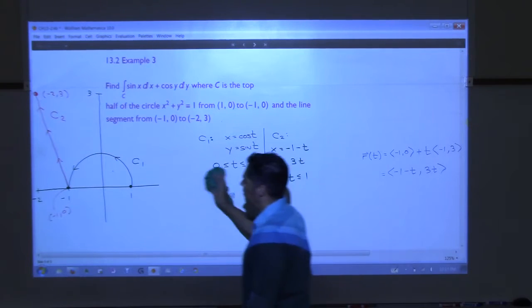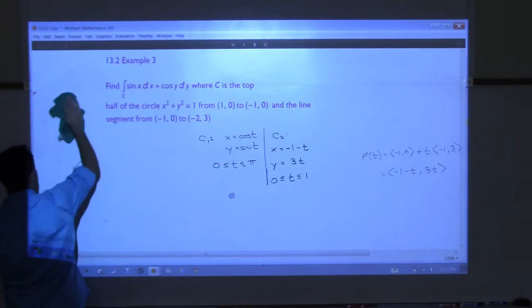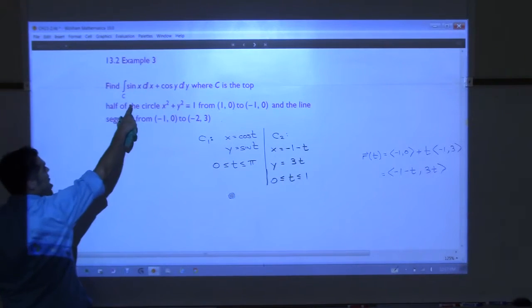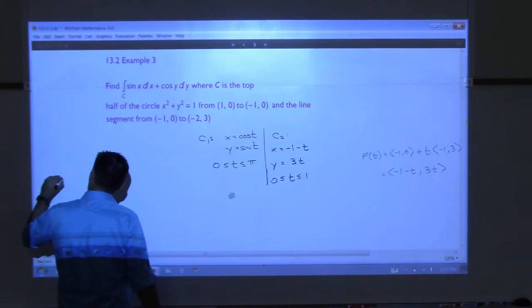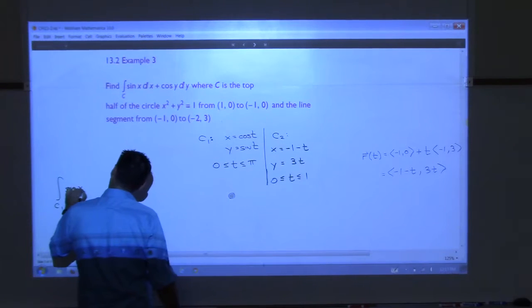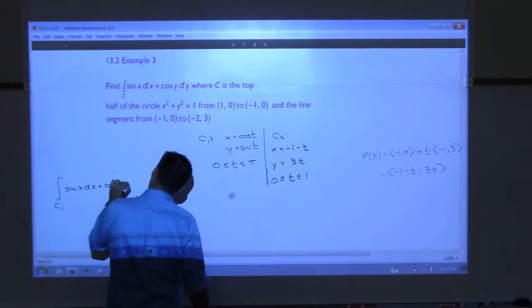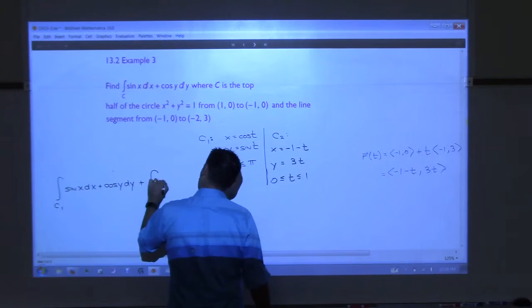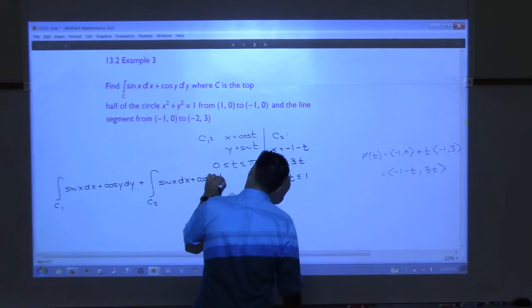All right, I'm going to erase the picture. So I'm going to rewrite this integral because it's important for us to see what we're actually going to do to this. This is actually the line integral over C1 of sine x dx plus cosine y dy plus the line integral over C2 of sine x dx plus cosine y dy.